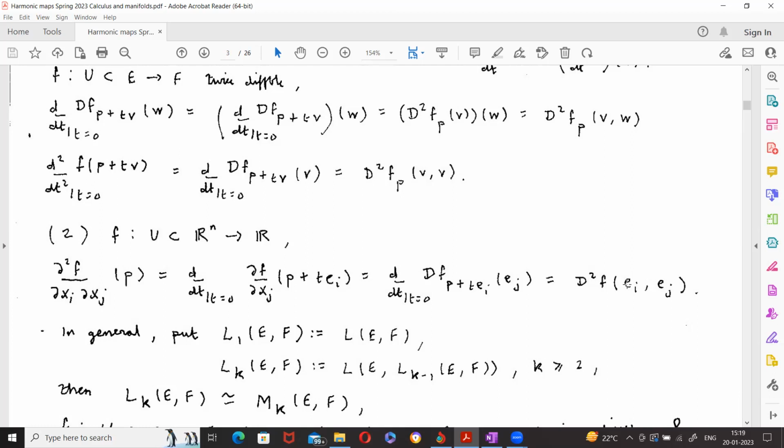These are in fact the coefficients of d squared f with respect to the basis ei star tensor ej star, if you remember your linear algebra from last time. So these second partial derivatives are the coefficients of this bilinear map d squared f at p with respect to the basis ei star tensor ej star of the space of bilinear functions.